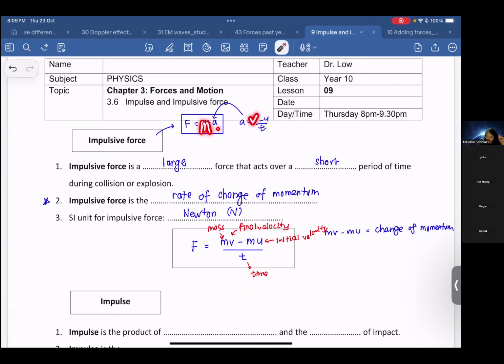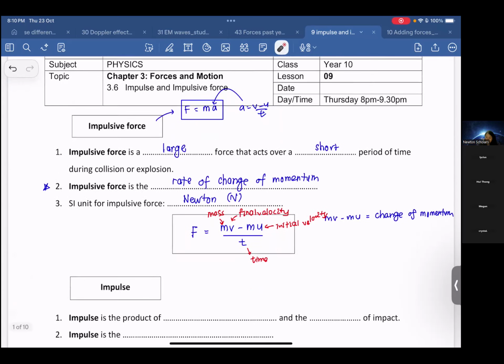So impulsive force is still the force. If you forget how to calculate the impulsive force, never mind. You can use F equals to ma to do the calculation and you're still able to get the answer, because they are the same.